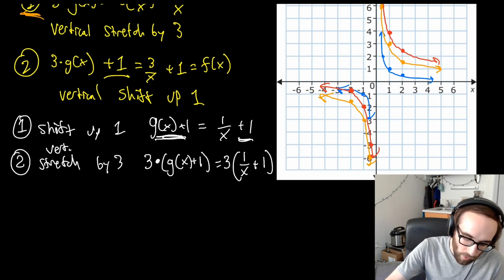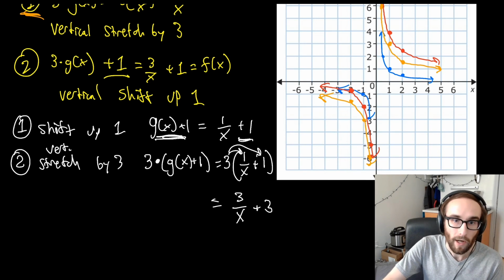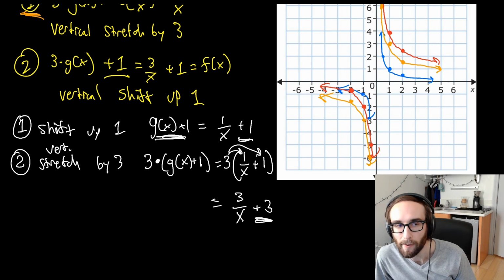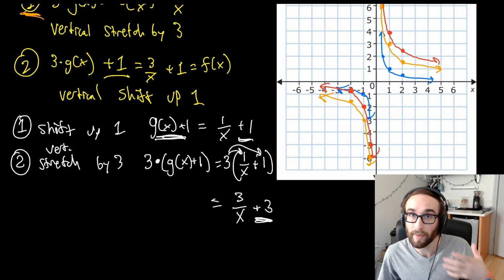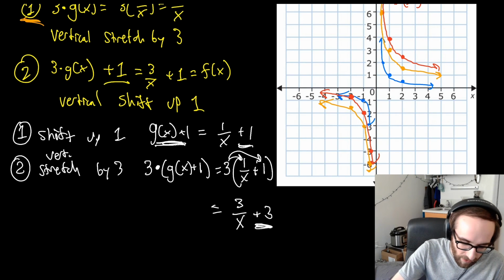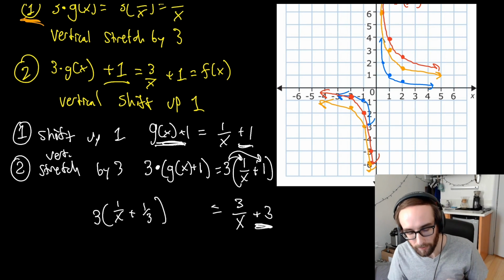So we end up with 3 over x, but we also need to distribute our 3. So you run into an issue here because our translation is too high. In this case, we don't end up with f of x. Similar to before, you could correct that by doing a vertical shift down by 2. So you end up with 1.